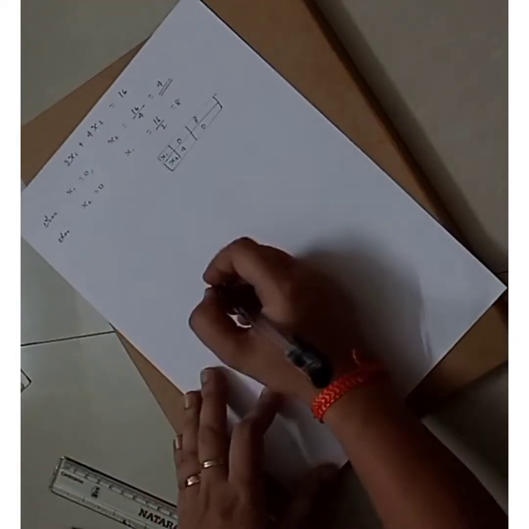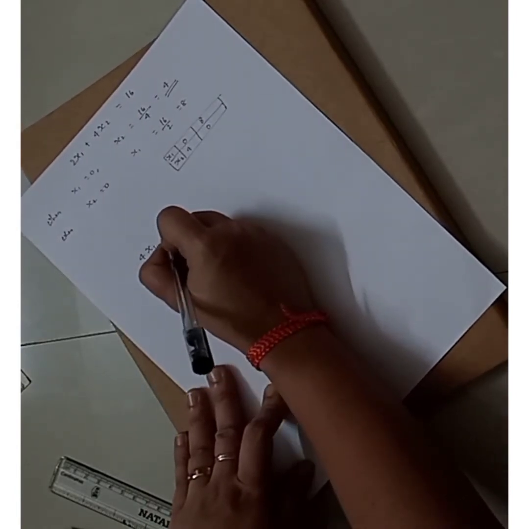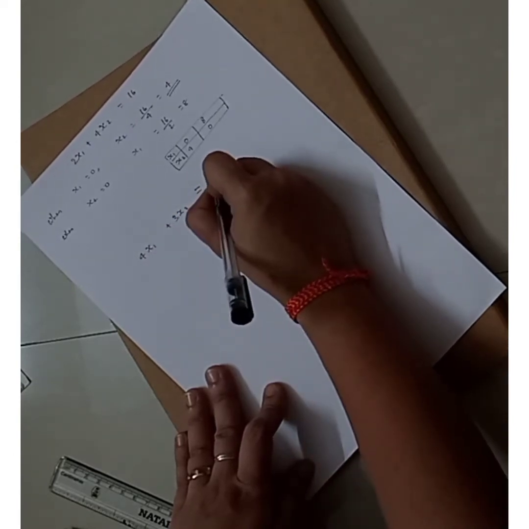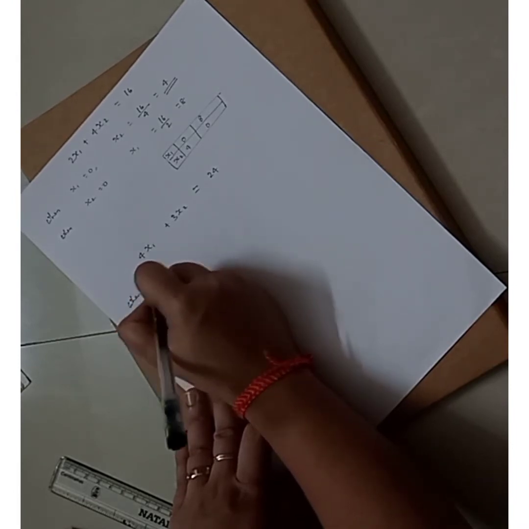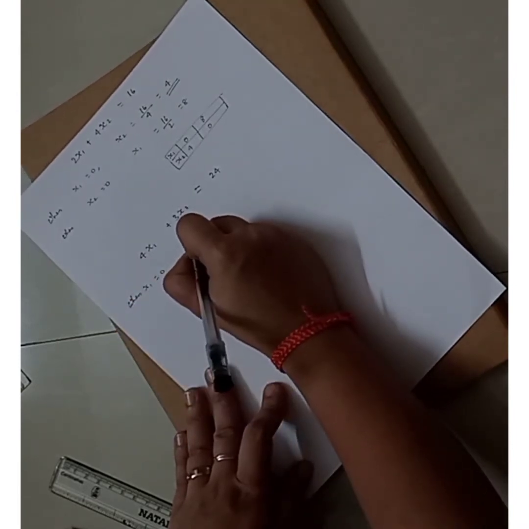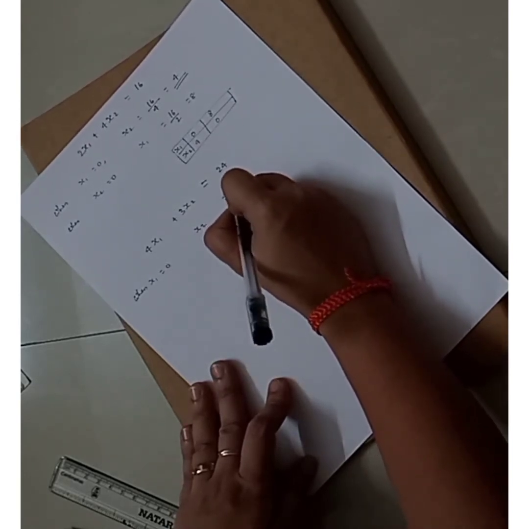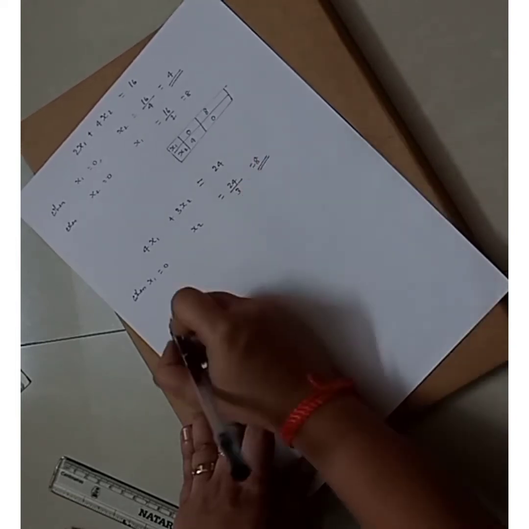What is our second constraint? The second constraint is 4x1 plus 3x2 greater than or equal to 24. I will write it as equal to 24. When x1 is equal to 0, x2 will be 24 divided by 3, that is 8.